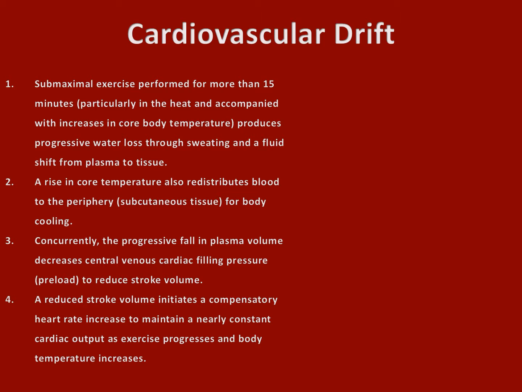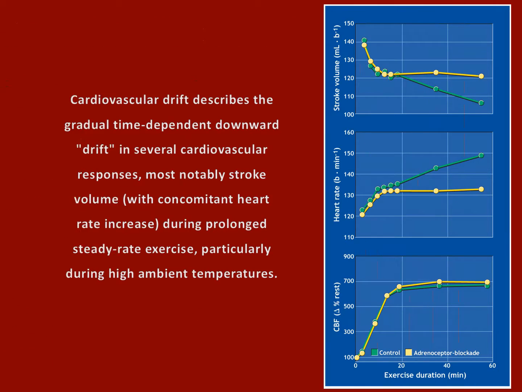This increase in heart rate cannot compensate for this low stroke volume, and hence cardiac output also decreases. Again, cardiovascular drift is characterized by a reduction in cardiac output and stroke volume, while heart rate increases during long, steady-pace exercise, especially during high ambient temperatures.